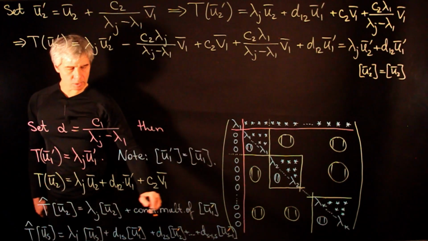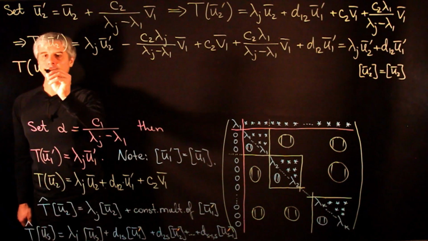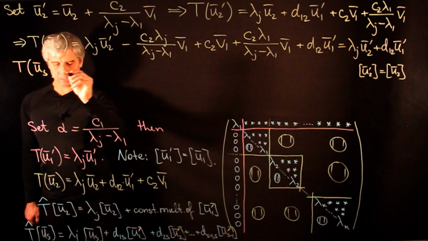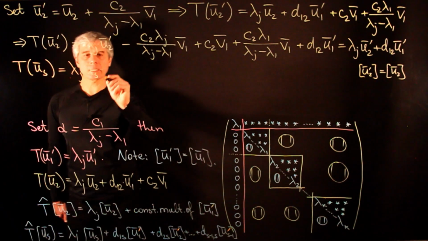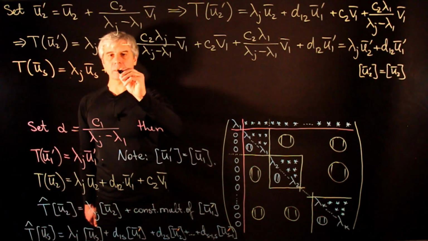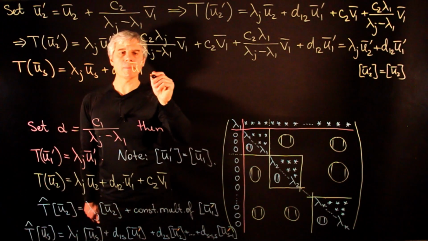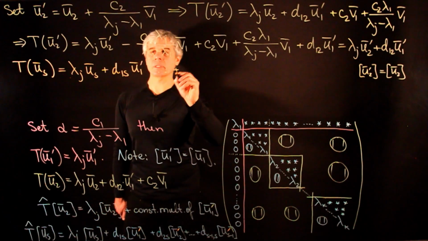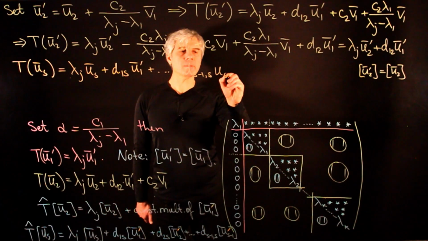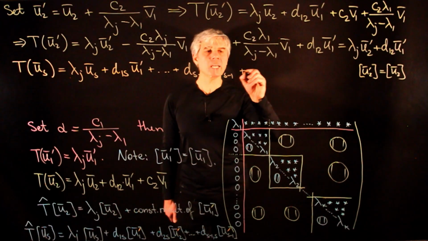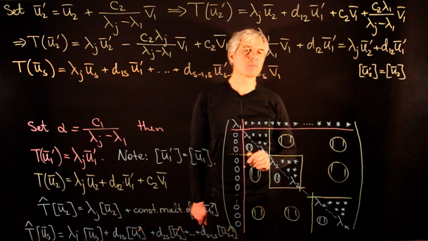Then lifting this to the space V, we're going to get that T of us is equal to lambda j us plus d1s u1 prime plus dot dot dot plus d(s-1)s u(s-1) prime plus some multiple cs times v1.